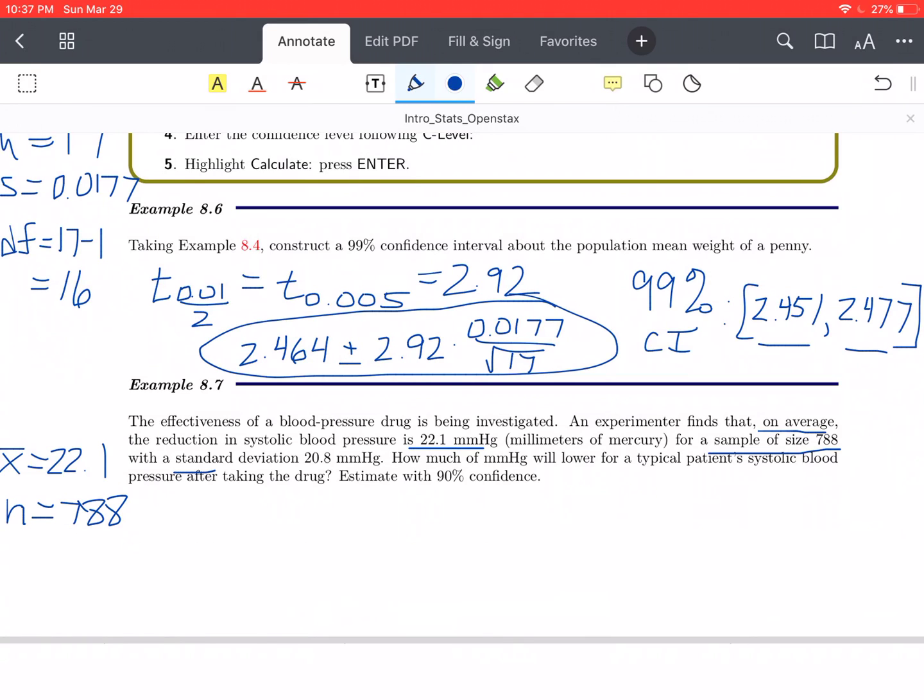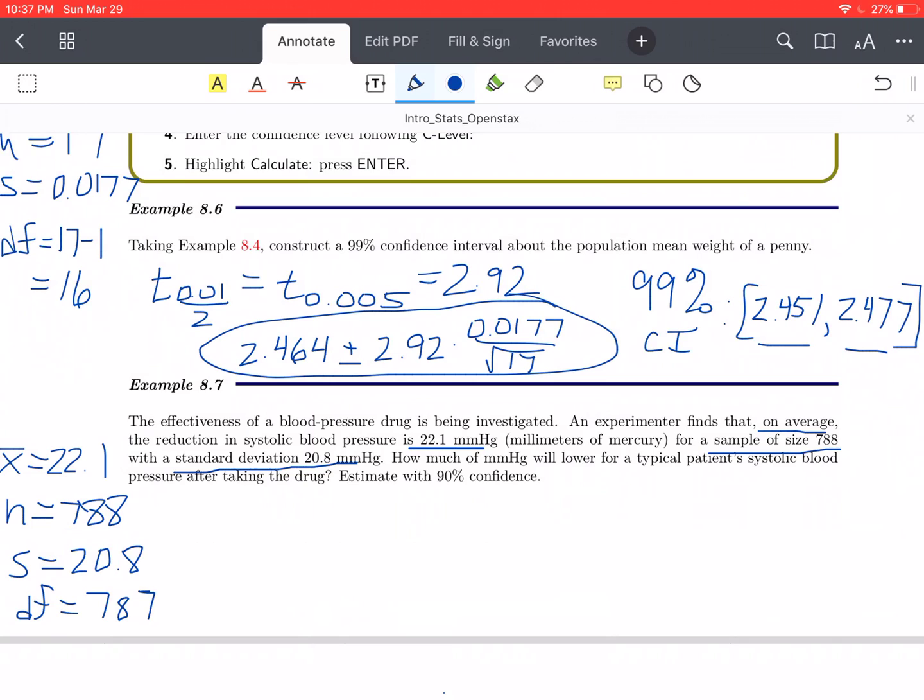And standard deviation of 20.8, so S is 20.8. And our degrees of freedom is just 788 minus 1, so that's 787. Okay, so very high number of degrees of freedom here.